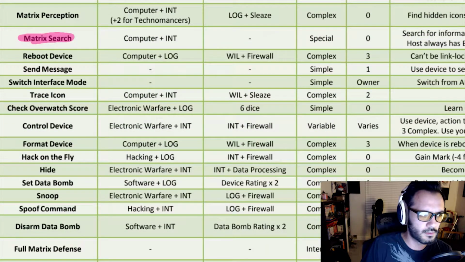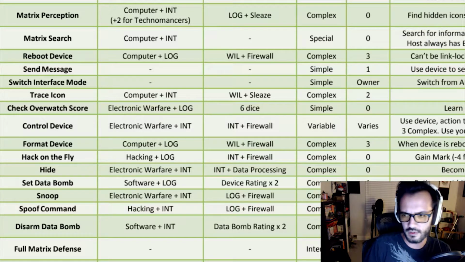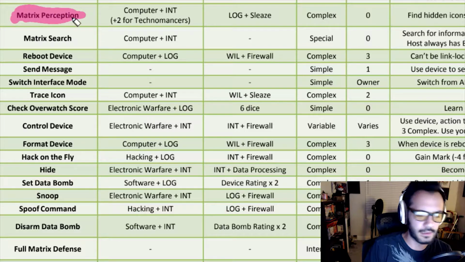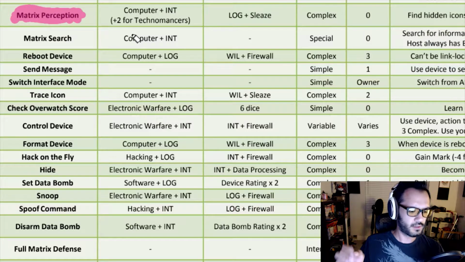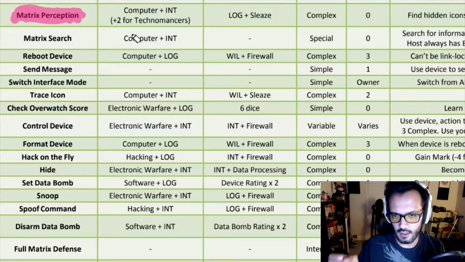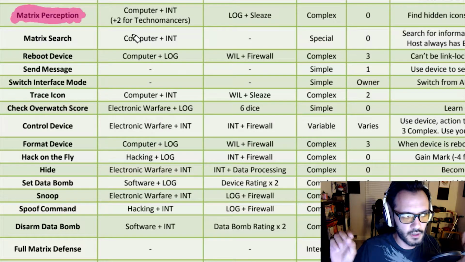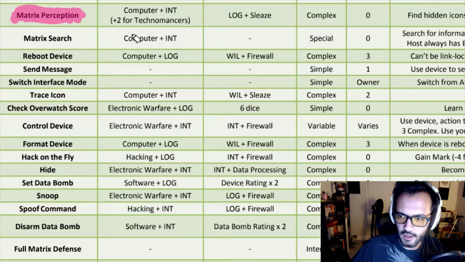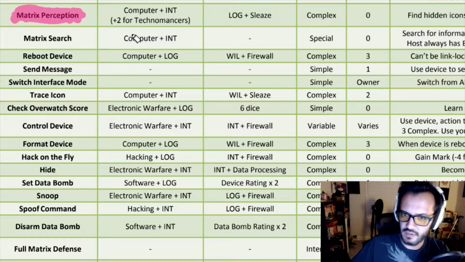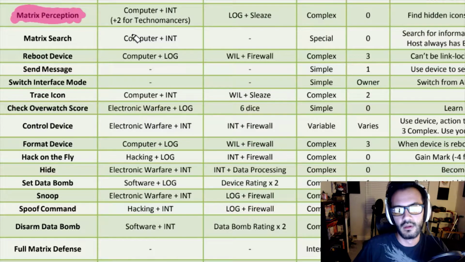Let's see here. Some other matrix actions that you'll find really useful, I think, at least in my experience. Matrix perception is very handy. I have a lot of players that love matrix perception. It's where you just walk into a room and then you do your Batman pulse vision. You throw out your nerd radar everywhere, and you can ping a whole bunch of different wireless devices that are connected to the matrix.